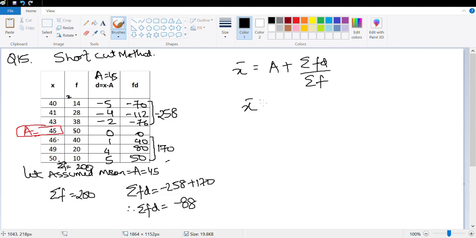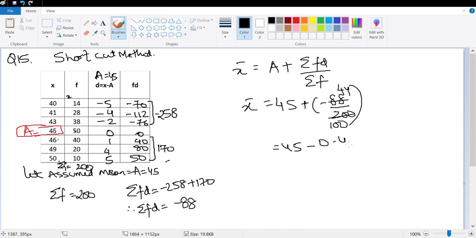In this case, it is 45 plus negative 88 upon 200. That is 44 over 100, so this is 45 minus 0.44. Is this correct? 45 minus 0.44.